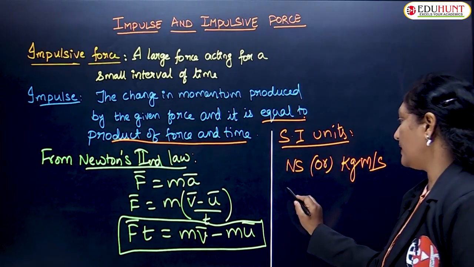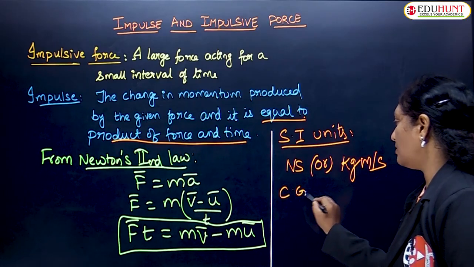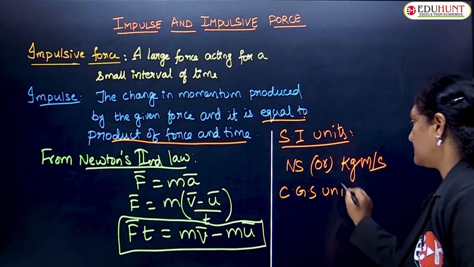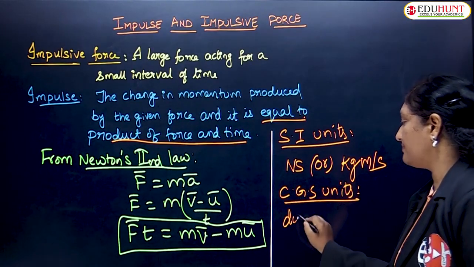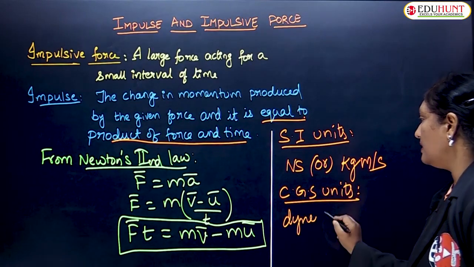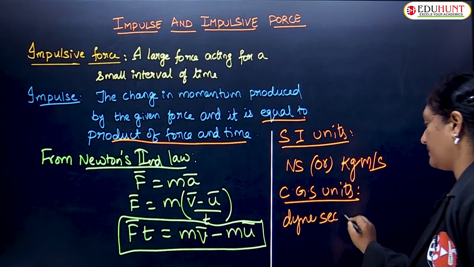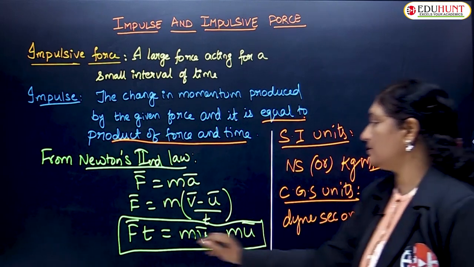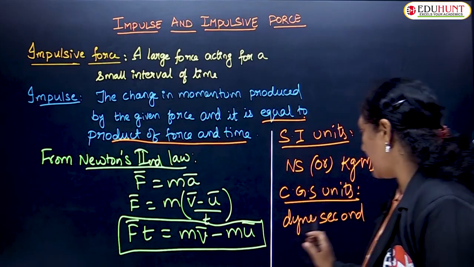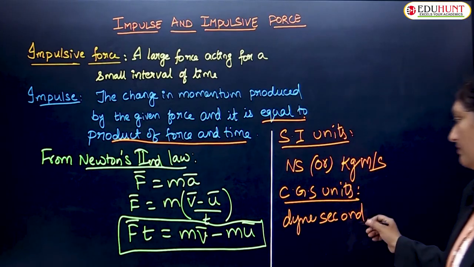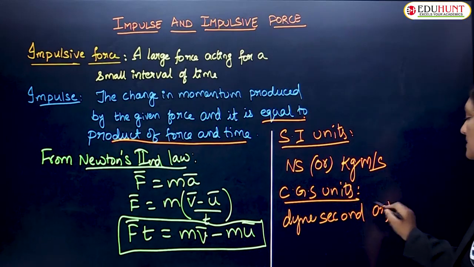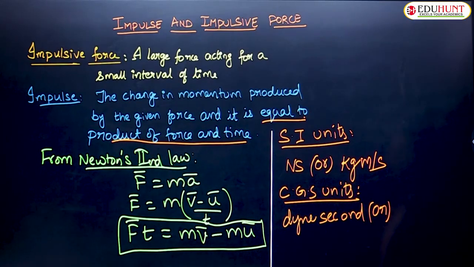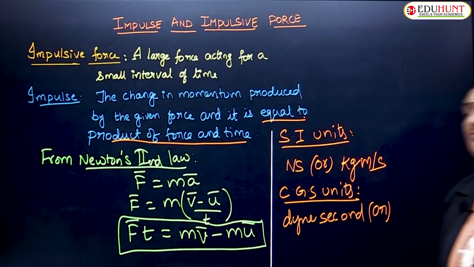Now let us discuss the CGS unit of impulse. Here instead of Newton we represent force with dyne, and time is as usual in seconds. So dyne second is the CGS unit of impulse, or the product of mass and velocity.